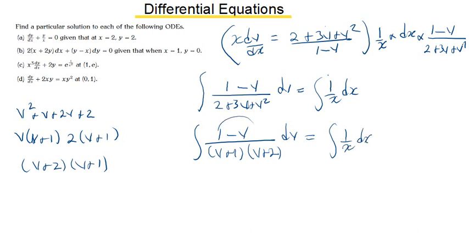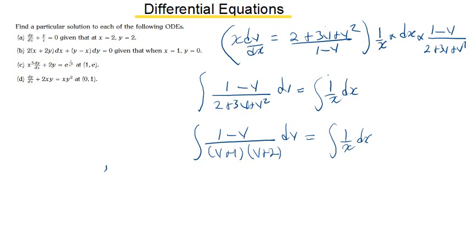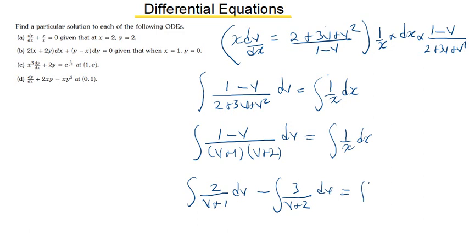If you break this down into its equivalent partial fractions, I'm not going to go through those steps. That is very straightforward, I believe you can do that. You're going to get the integral of 2 over v plus 1 dv, minus the integral of 3 over v plus 2 dv, equals the integral of 1 over x dx.